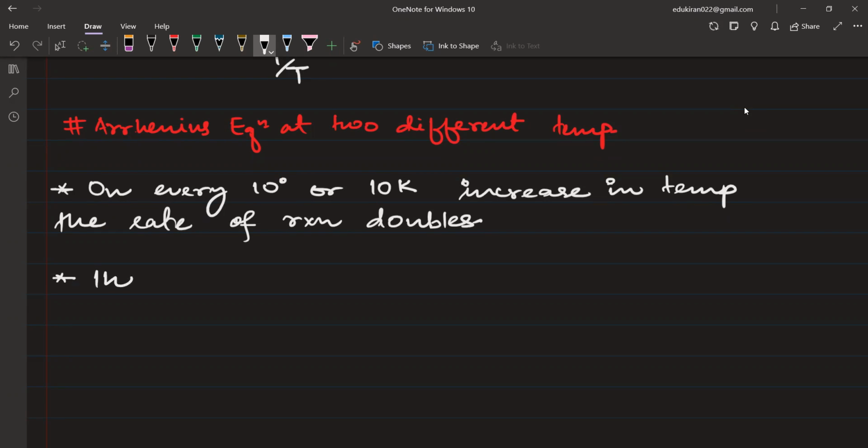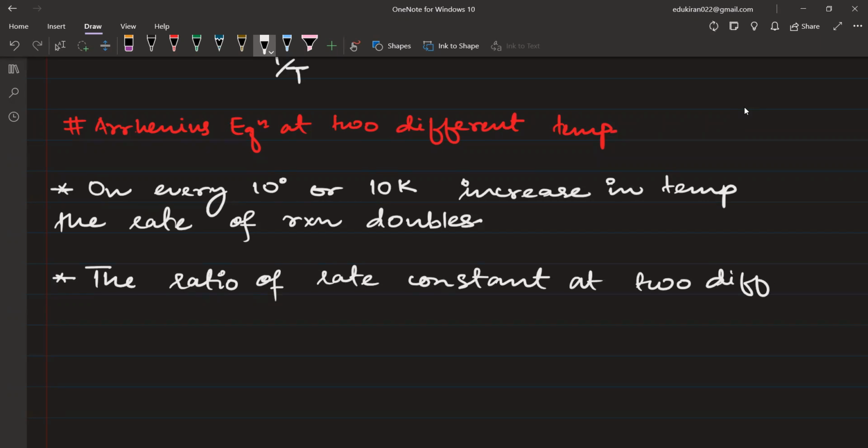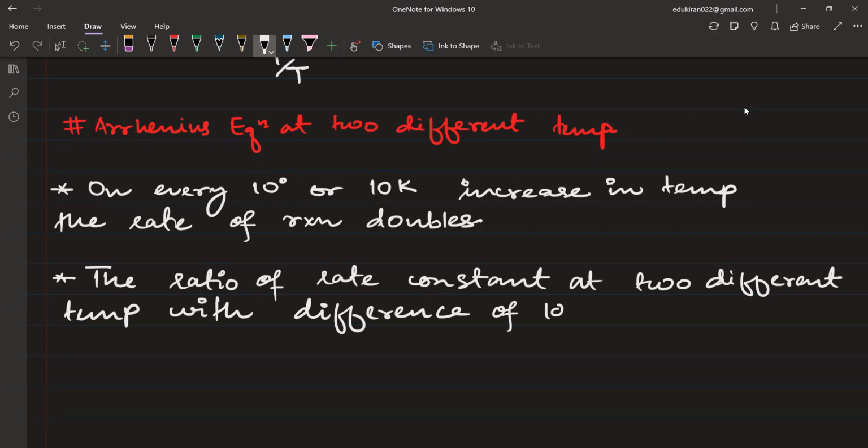Right, next point. The ratio of rate constant at two different temperatures, with a difference of 10 degrees Celsius or 10 Kelvin, is called temperature coefficient.